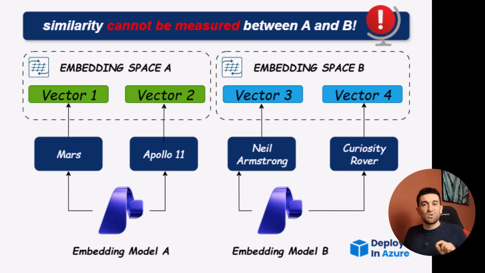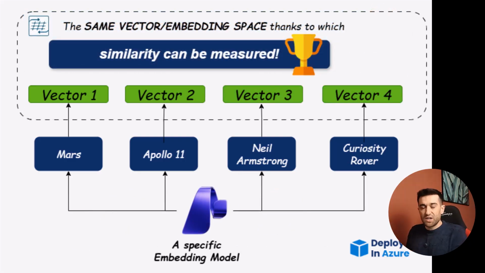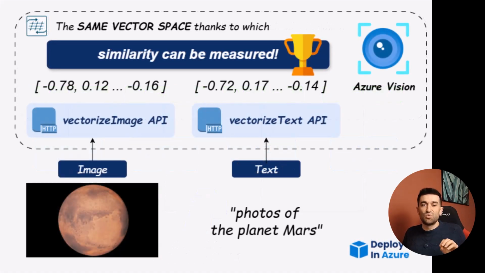Let's also talk about data modalities. In our example, we are working with text. We convert a text into a vector and then compare it with other vectors, which were also created by converting text. It means that we work with a single data modality. There is the possibility to compare vectors from multiple modalities.